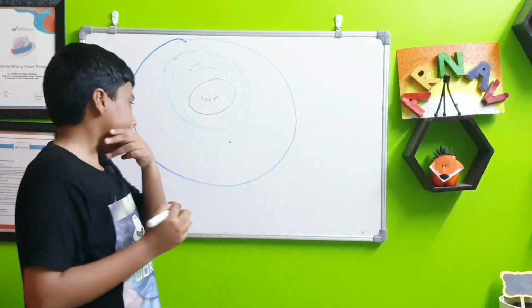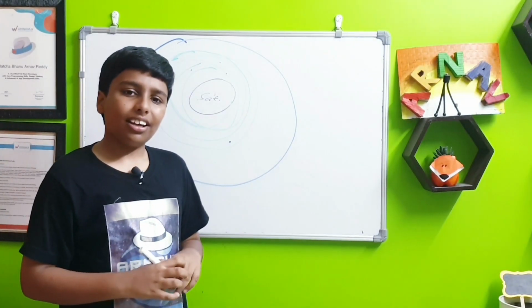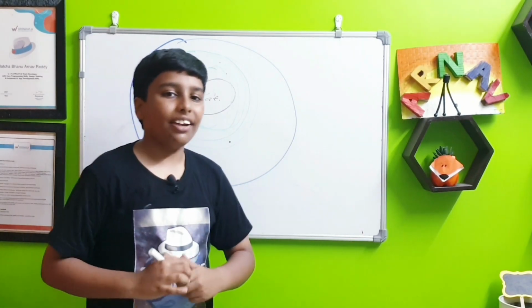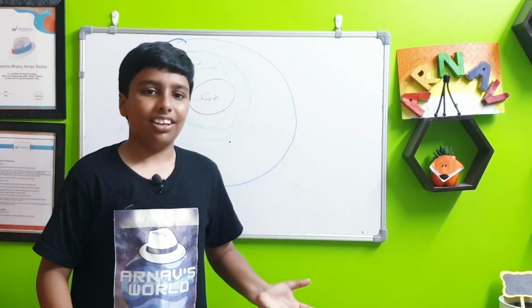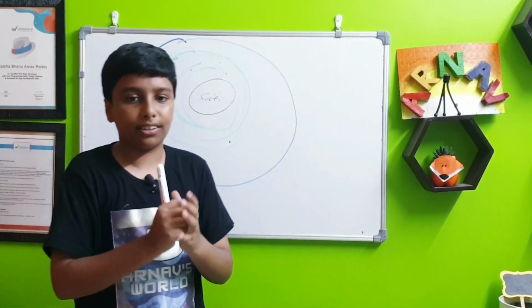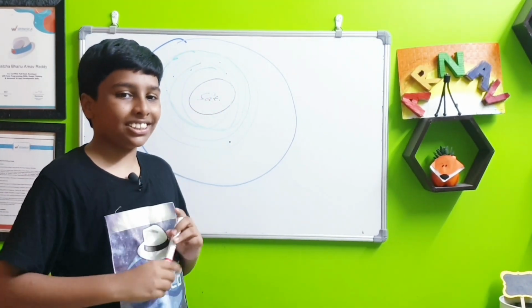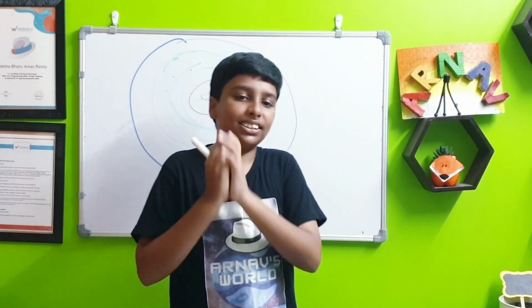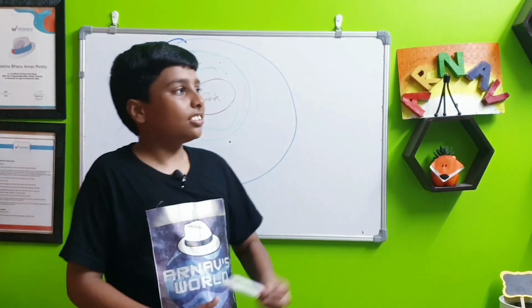But now, how are these rings stable without just falling into Saturn? And why are they pretty smooth, even though they are made out of very small rocks? The reason is these small moons known as shepherd moons. Let's take an example. There's a shepherd.